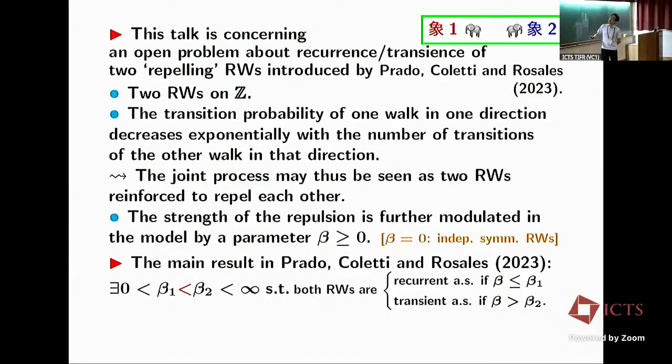In the beta 0 case, they are the usual symmetric random walk, so each walk will visit every point infinitely often, and similar behavior appears if beta is small. On the other hand, if beta is larger than beta 2, then each walk will be transient, and actually both go to infinity. One goes to plus infinity, and the other to minus infinity.